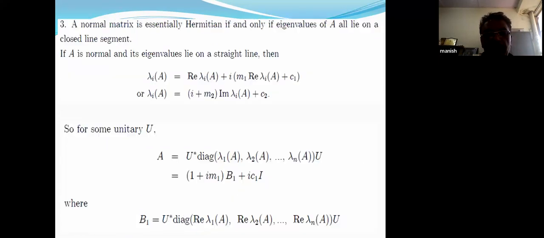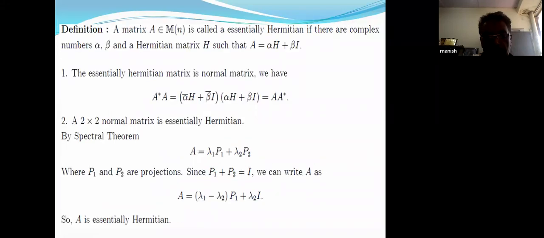Conversely, if the matrix A is of this form, A equal to alpha H plus beta I, this is an essentially Hermitian matrix. Then its eigenvalues are of the form alpha times an eigenvalue of H plus beta. Now we know that this transformation corresponds to multiplying with a complex number.